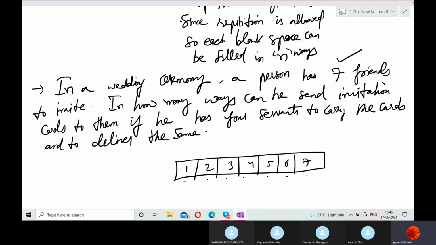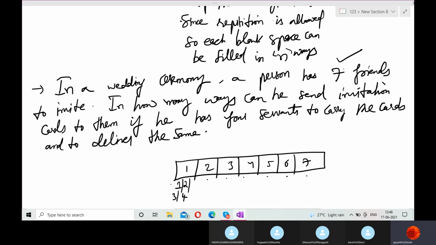See, the first servant can come to this house. Second servant can also come to this house. Third servant can also come, and the fourth servant can also come.